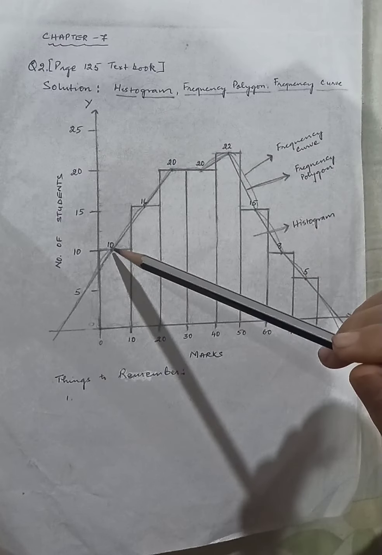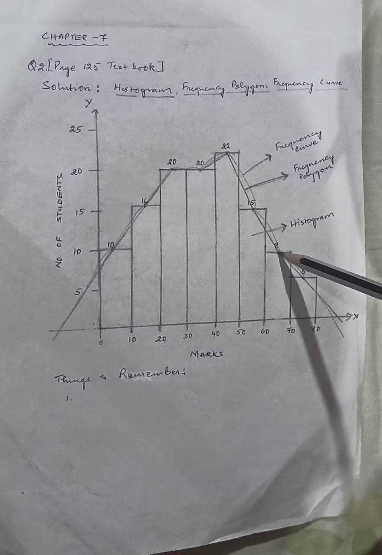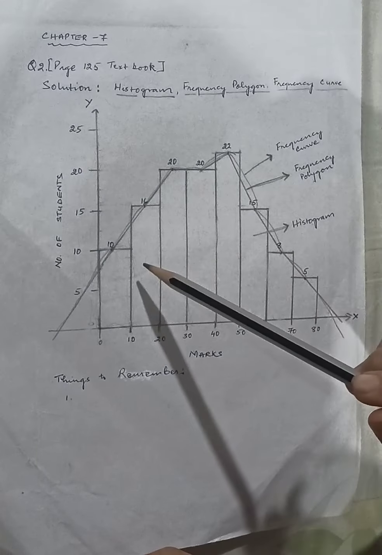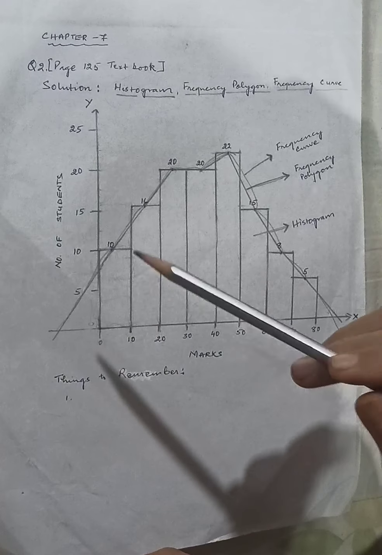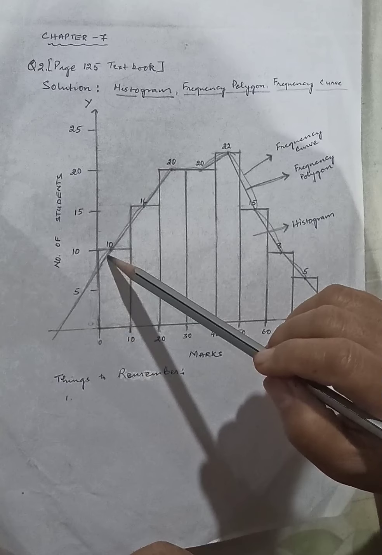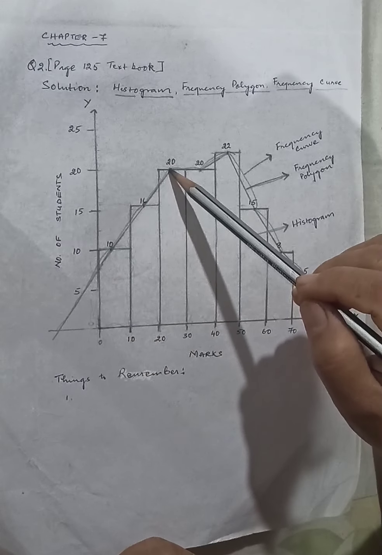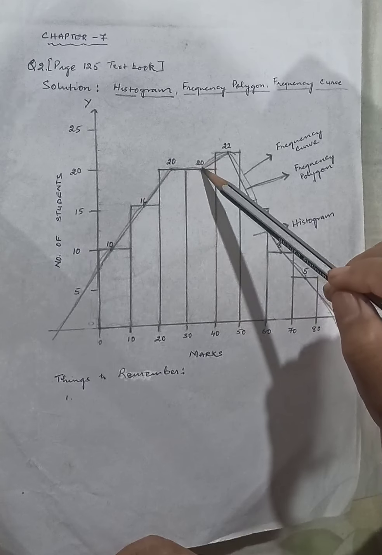When we talk about the frequency curve, all these plotted points of the bars, with the help of a pencil, we join them. Okay, it will not be straight since we are not using a scale.